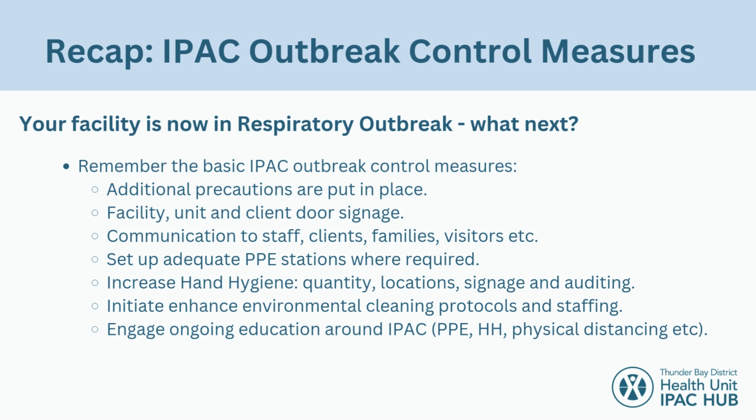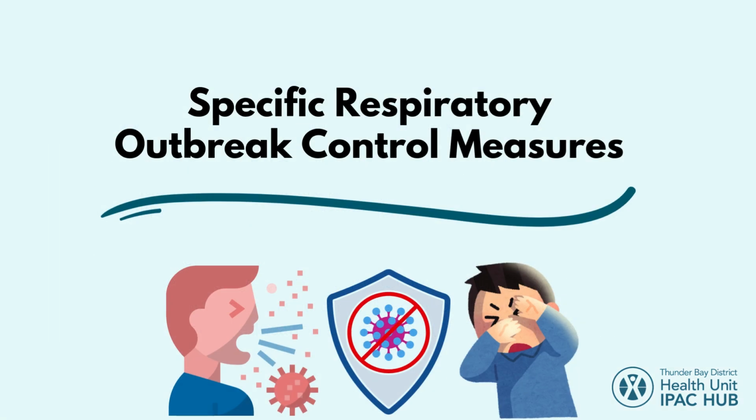Do you have enough staff to initiate all the cleaning protocols required? And then engage in ongoing education around IPAC. We are human, we're complacent, we all need those reminders. So we're talking about personal protective equipment, hand hygiene, physical distancing, all of that. Next we're going to talk about specific respiratory outbreak control measures.